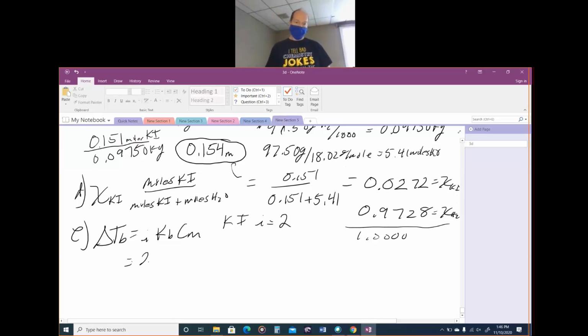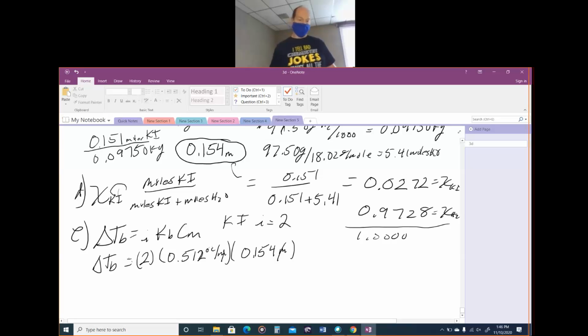And so you have your 2. Kb, you look it up, 0.512 degrees Celsius per molal. That will be given on the test. And the molal solution, we have it circled right above. In part C, we calculated it is 0.154 molal. The molals cancel, and this gives us our delta T sub B.